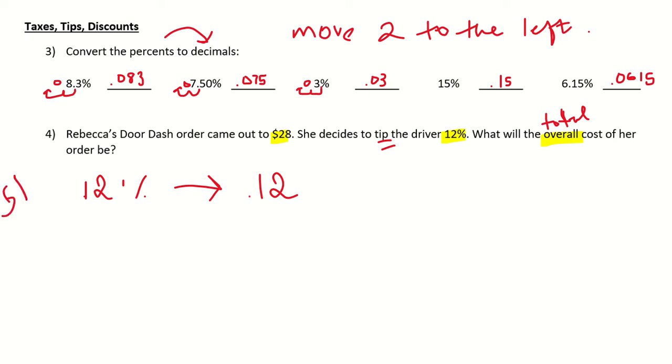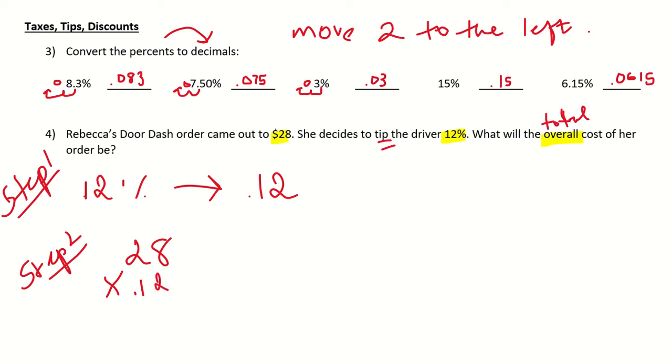Step 2 is to multiply $28 times 0.12. Right? We need to get the dollar amount of the tip. So I'll work out this long multiplication with you. 2 times 2 is 4, plus 1 is 5, 0, 8, 2, add everything.